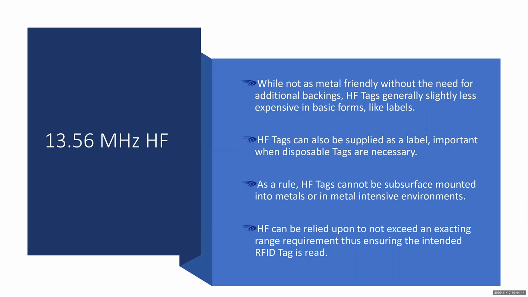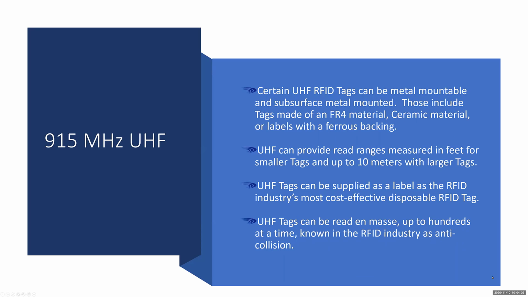So a lot of these applications for tool and die and mold identification aren't very well received with 13.56 megahertz. And typically you won't be able to apply a 13.56 megahertz tag embedded into a metal substance.